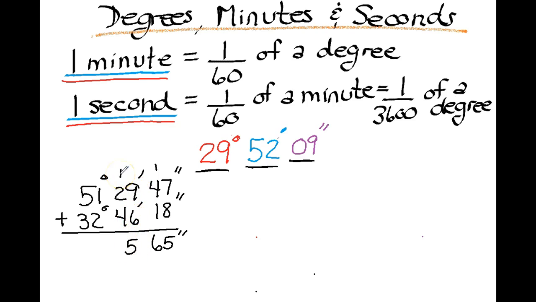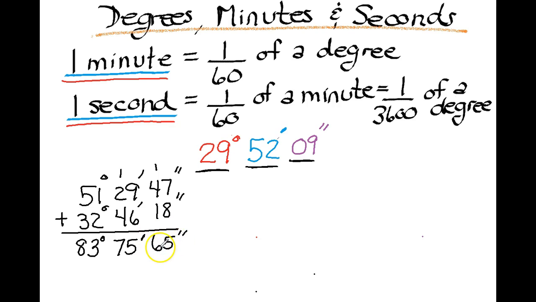Carry your 1. 1 and 2 and 4 is 7. So we have 65 seconds. That's bigger than a minute, but we'll do that conversion in just a second. Ha, no pun intended. Then we have 75 minutes. Again, that's bigger than our maximum number of minutes. 75 minutes is going to be 1 whole degree and some additional minutes. And then we have 1 and 2 is 3, 5 and 3 is 8, so 83 degrees.